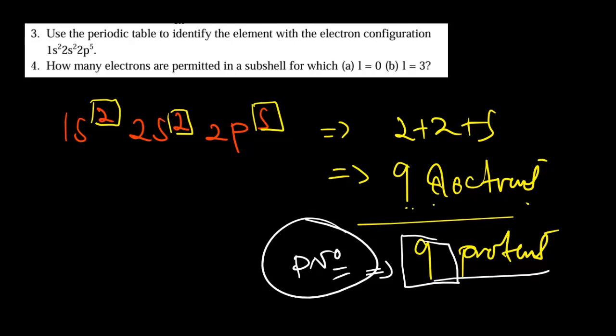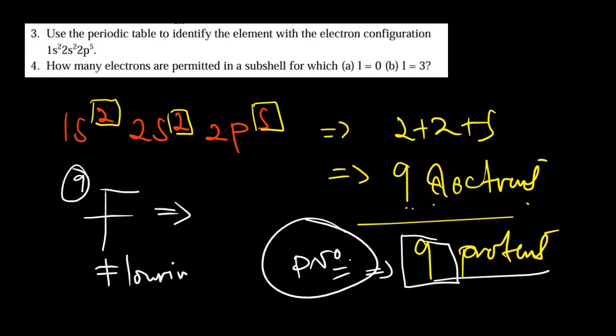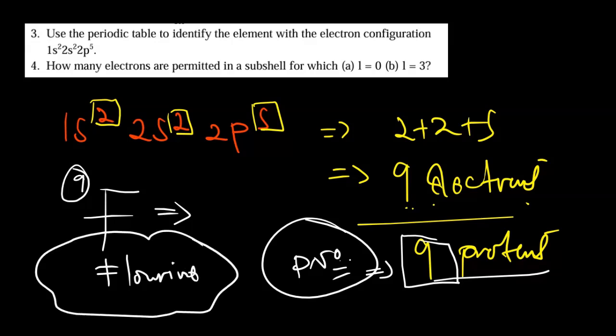So you go on your periodic table and search for the element that has the atomic number of 9, which is simply fluorine. So you pick fluorine there. You have used the periodic table to identify the element with the given electron configuration. So that's how you do question 3.